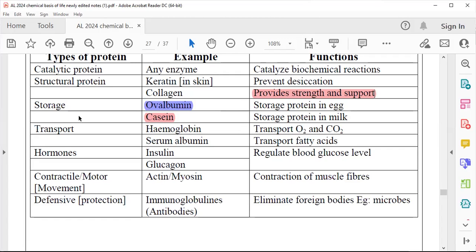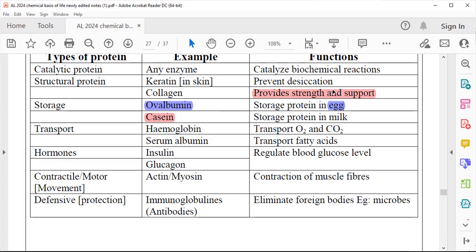Ovalbumin is a storage protein in which component? In the egg. In the egg, the white part is ovalbumin. The yellow yolk is lipid. The white part is only protein.